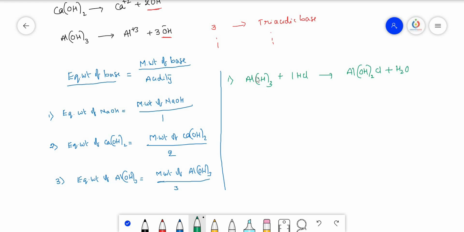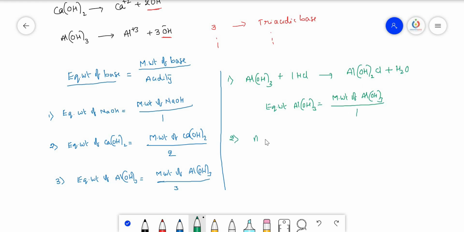If they ask you what is the equivalent mass of the aluminum hydroxide, then how to calculate? Equivalent weight of aluminum hydroxide is equal to molecular weight of aluminum hydroxide divided by the number of OH minus ions given by the aluminum hydroxide in this reaction. So out of 3 OH minus ions, 2 are with aluminum, only 1 is left. So it is molecular weight divided by 1.